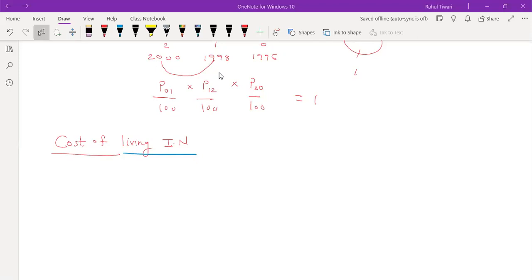It helps to fix DA, meaning dearness allowances, to compensate the rise or fall in prices of commodities of common utility.